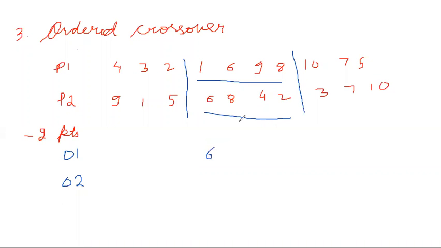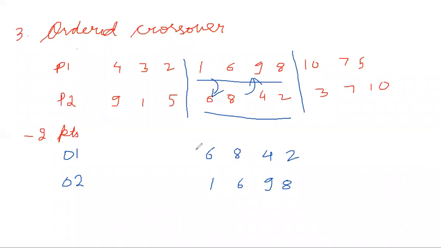So 6, 8, 4, 2 is going to come from parent 2 to offspring 1, and 1, 6, 9, 8 from parent 1 is going to come to offspring 2.